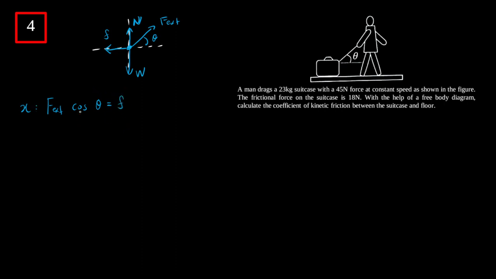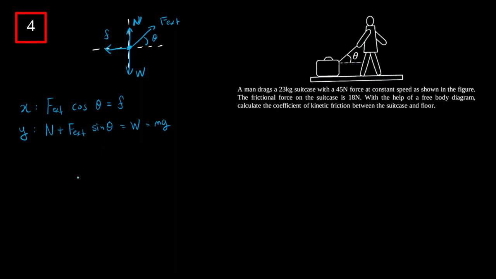From there we can calculate the angle. But let's first write down what we get when we apply it in the y direction. In the y direction, I'll have N plus the external force multiplied by sine theta equals W, which is just mg, where m is the mass of the suitcase.